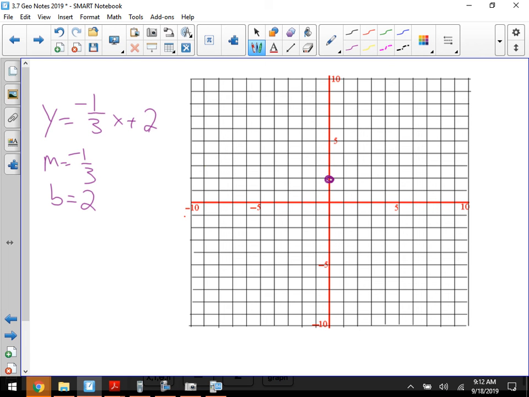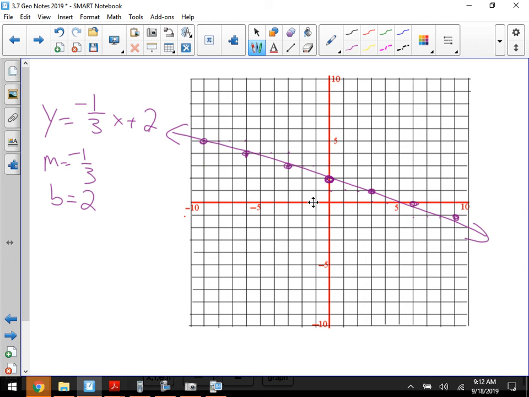The slope says negative 1/3, so my first step is to go down 1, and then to the right 3. Down 1, right 3. Down and right is the exact same thing as going up and left. And then we would just connect the dots.